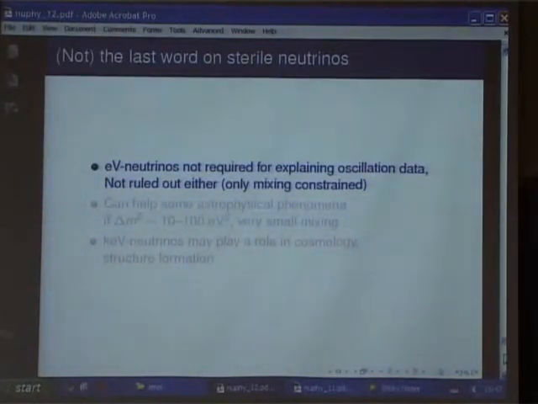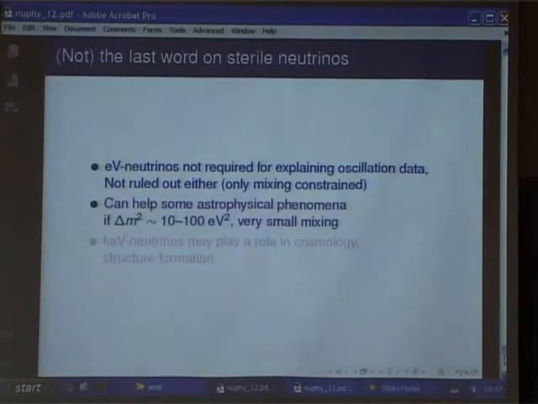So this is my last answer. We don't have a last word on sterile neutrinos yet. Electron volt neutrinos are not required for explaining the oscillation data, but they are not ruled out either. LSND space is ruled out. But of course, if you get very, very small mixing angle, they are still possible. So not required, but not ruled out. Next, they can help in some astrophysical phenomena like making of heavy elements, giving speed to pulsars and so on.